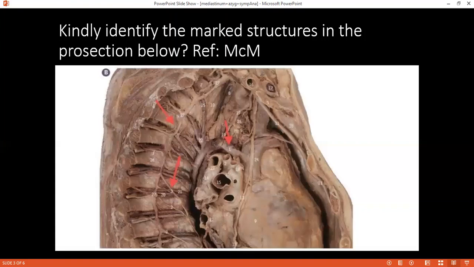Anteriorly, it extends at the parasternal area, and then goes 2 centimeters below the inferior lung margin, at the 8th and 10th, and posteriorly.